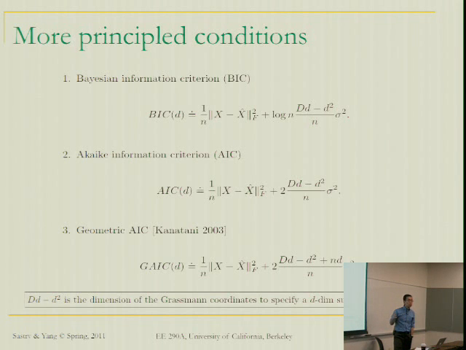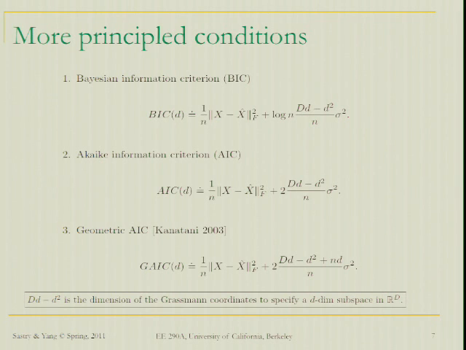So in this course, we are not going to mention the derivation of these conditions. But the application of these conditions is very straightforward. And they are very convenient to use. So you have your data, and you can try to optimize any of these conditions to help you to find the optimal D for the dimension of this subspace.